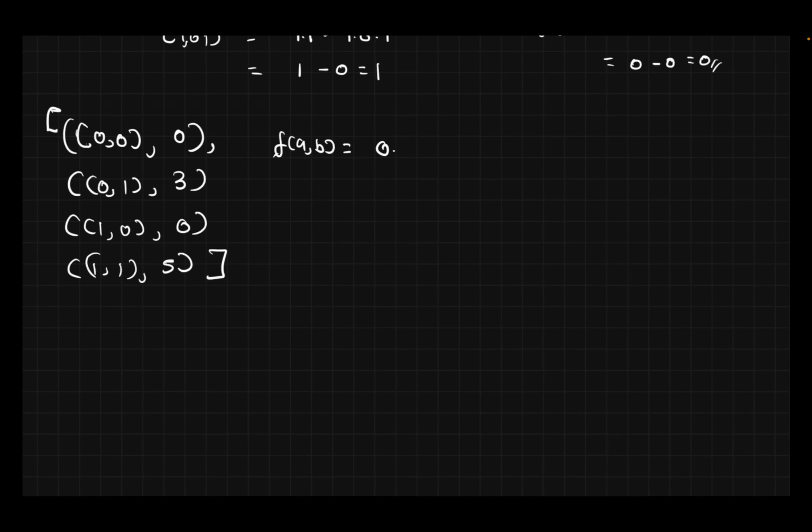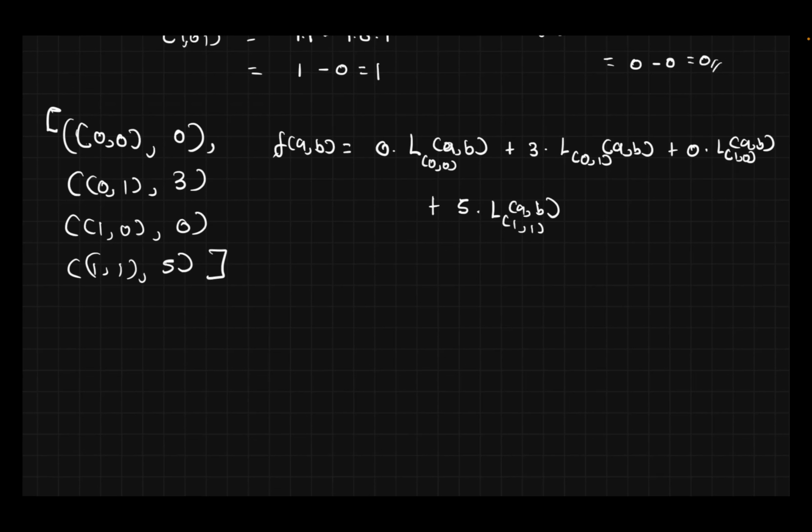So this is 0 times L of 0, 0, AB, since we're using AB now. Then plus 3 times L of 0, 1, then plus 0 times L of, and then plus 5 times L of.